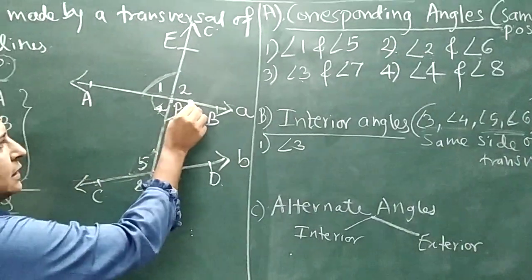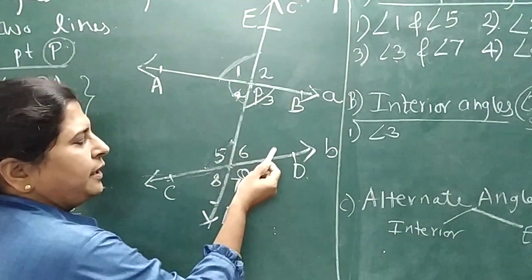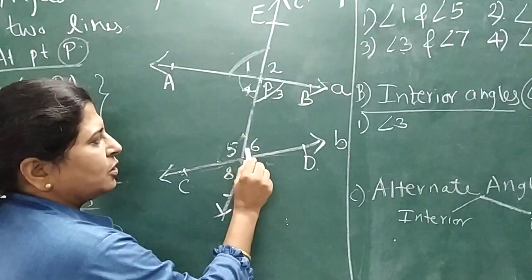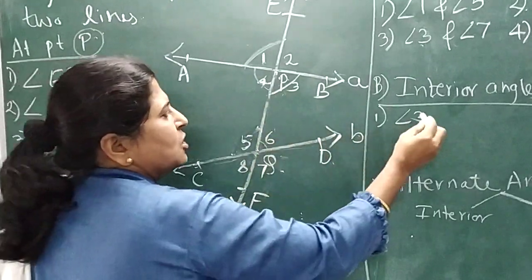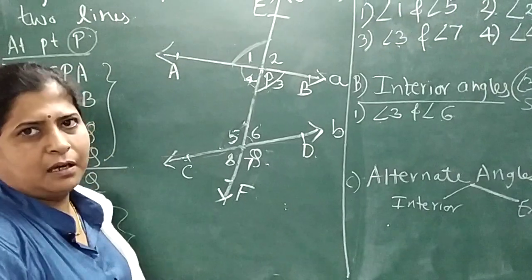So if angle 3 is on the right of the transversal, which of angle 5 or 6 is on the right? We can see that angle 6 is on the right of the transversal. So angle 3 and angle 6 are a pair of interior angles.